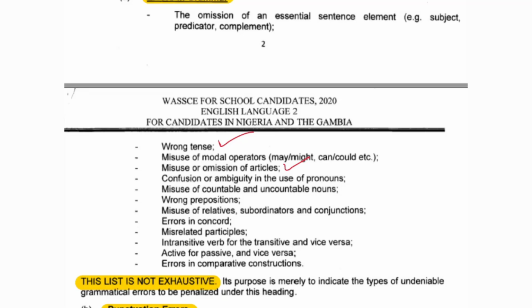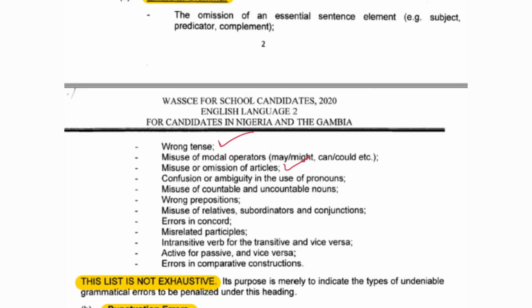You use they when you are talking about a singular person. You use him when you are talking about a plural, a collection of people. Then your countable and uncountable nouns, you need to make use of them correctly. You make errors in your prepositions, in your conjunctions, in concord, in your participles, for your intransitive verbs, and then so many other things.